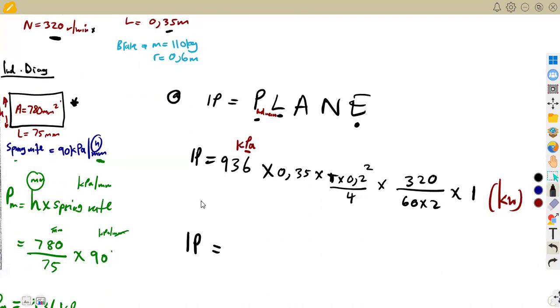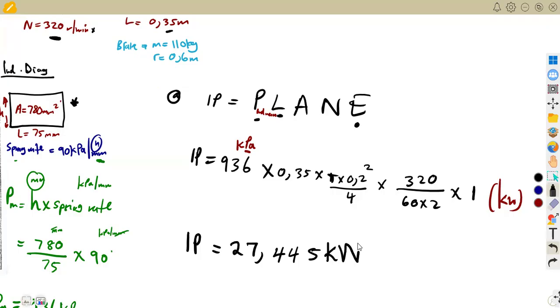So our indicated power, to 3 decimal places, was 27,445 kilowatts. This is the indicated power in this case.